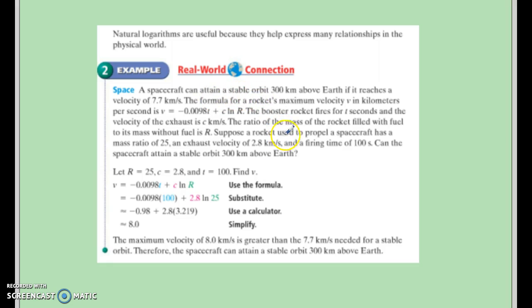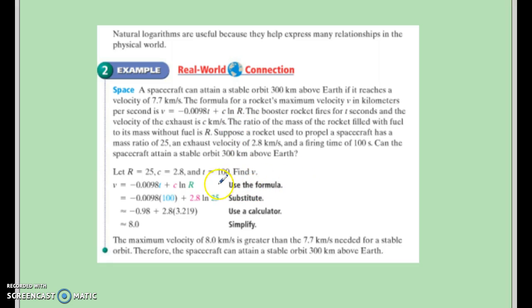So suppose a rocket used to propel the spacecraft has a mass ratio of 25, an exhaust velocity of 2.8 kilometers per second, and a firing time of 100 seconds. Can the spacecraft attain a stable orbit? So we figure out what we have. r is 25, c is 2.8, and t equals 100. Those are all the different values in our equation above.